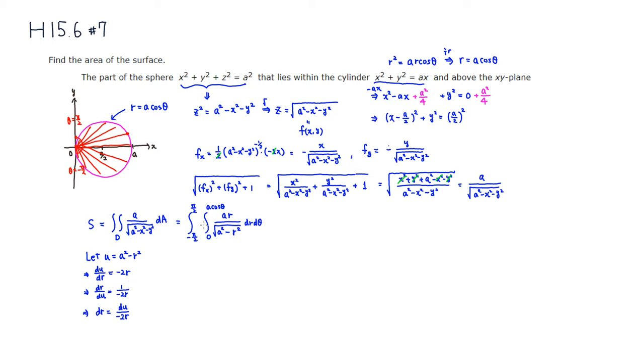And also we need to change the lower limit and upper limit. So r is initially going from 0 to a cosine of theta. So this implies u is going to go from, if you plug in 0, a squared, and then for r equal to a cosine theta, a squared minus a squared cosine squared, which would be a squared sine squared.